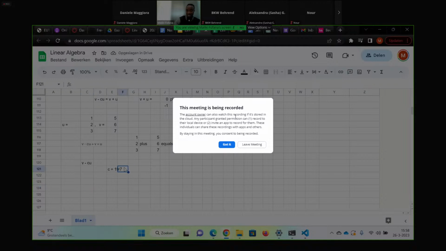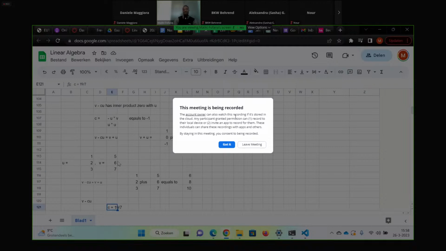Does this make sense? After computing it here, we will end up with this, because I know this is my U and this is my V. I can compute them here to get my C as the answer. And if I have my C, I can scale this factor to have a proper factor.